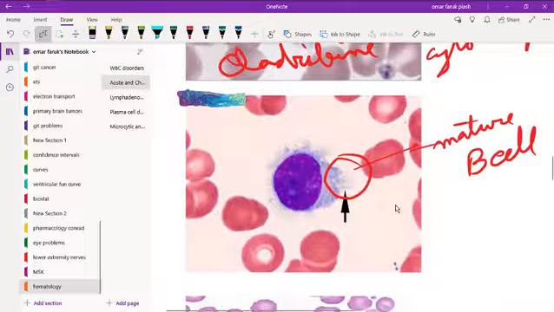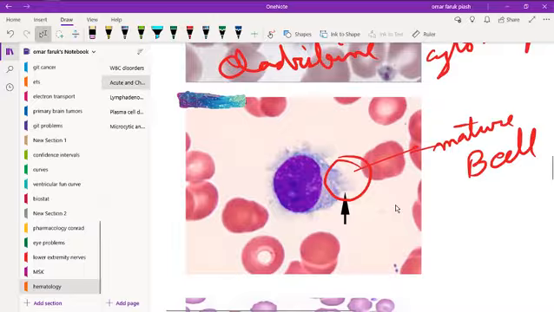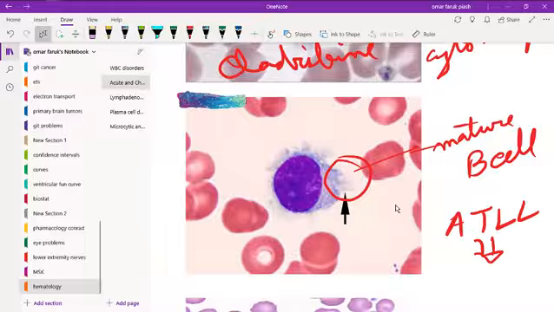Another thing you have to remember is neoplastic proliferation of the mature T cell. It is called adult T cell leukemia or lymphoma. It happens due to a virus, HTLV-1, human T cell lymphotropic virus 1.